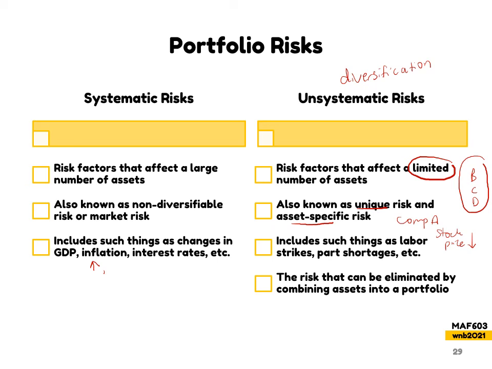However, for systematic risk, we cannot do anything about it. We just have to bear with it. No matter how well you diversify your portfolio, you cannot eliminate the systematic risk. It will always be there in the market.